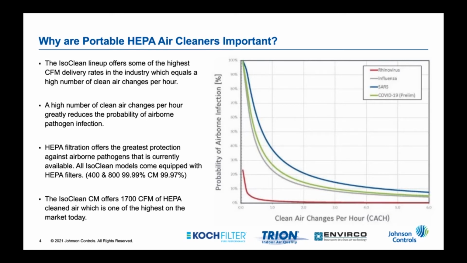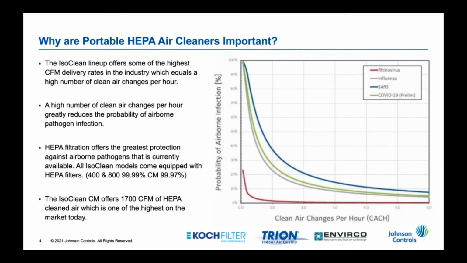If you go to the next slide, we'll talk about the importance of cleaner air. So the IsoClean is using HEPA filtration, and if you look at the chart that you're seeing, it plots clean air changes per hour versus the probability of airborne infection.